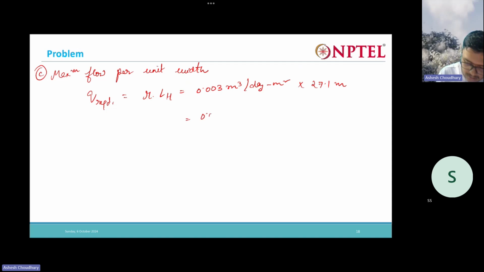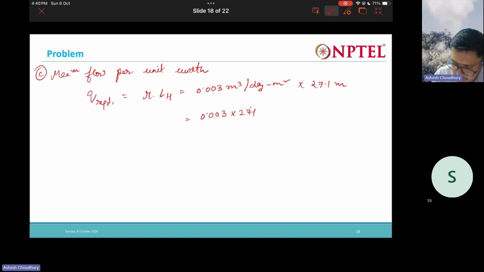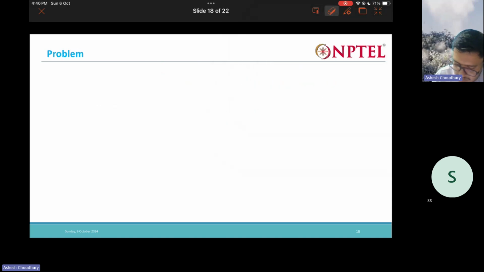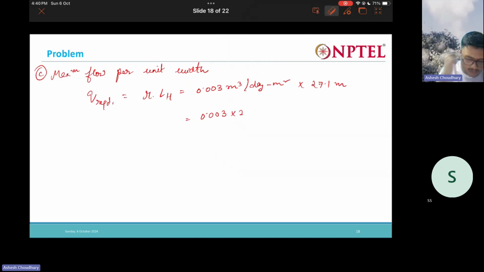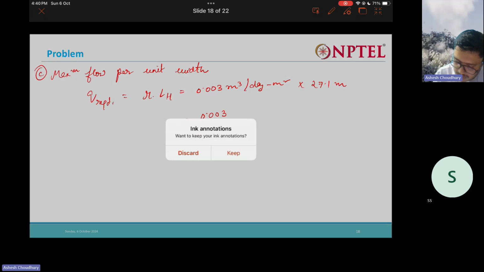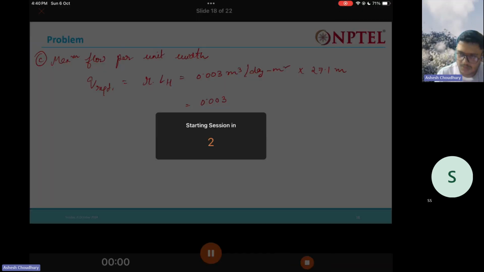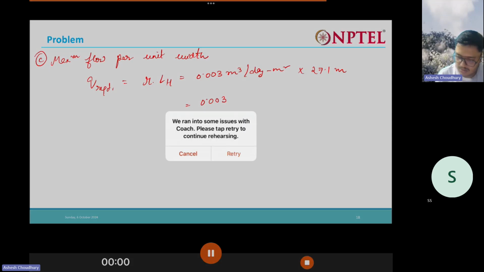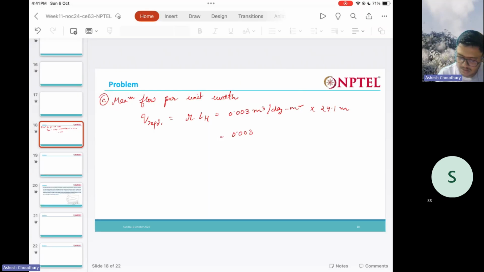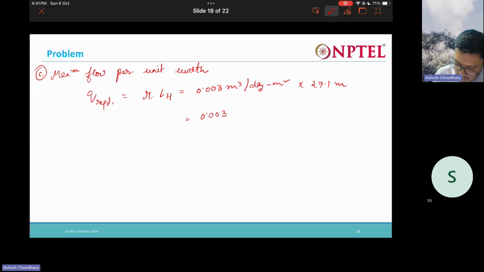So it will be 0.003 times 27.1, meter square per day per meter.